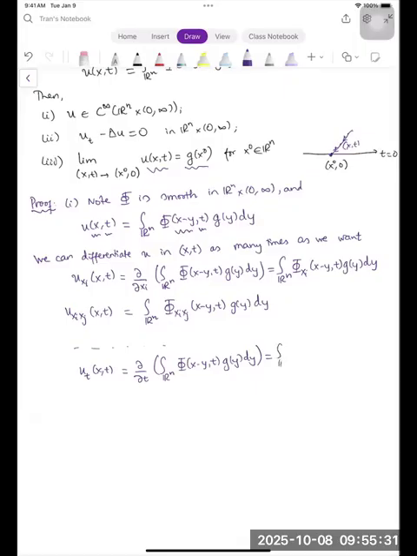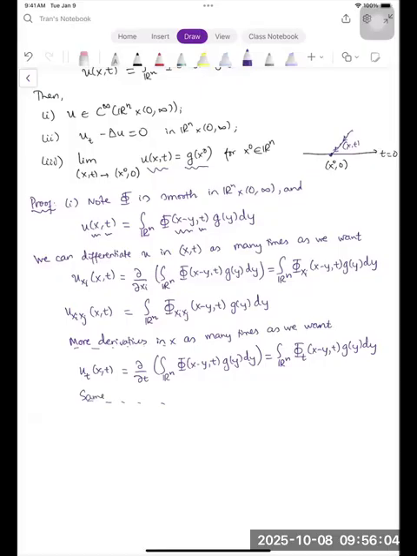So that equals the integral over Rn of phi_t(x minus y, t) g(y) dy, and I can also differentiate as many times as I want in the t variable. So more derivatives in x as many times as we want.